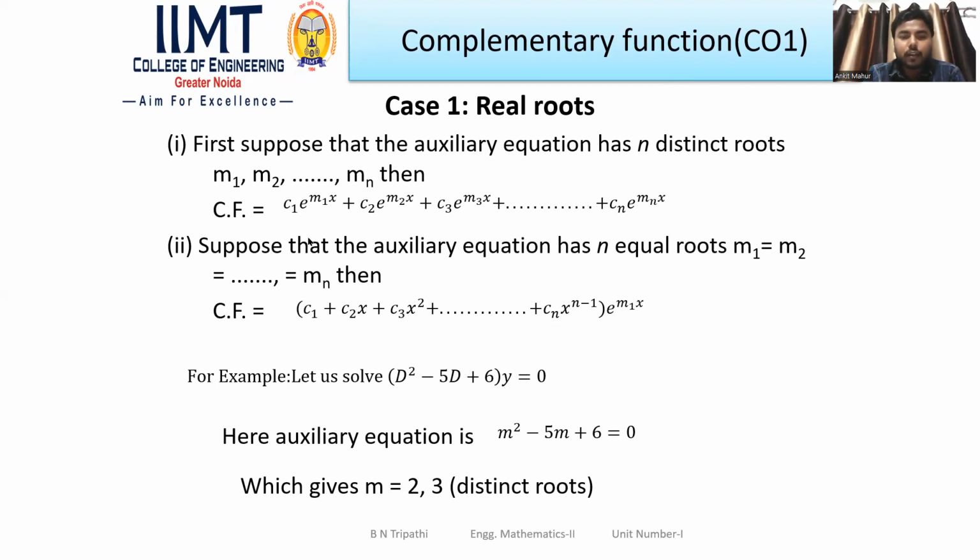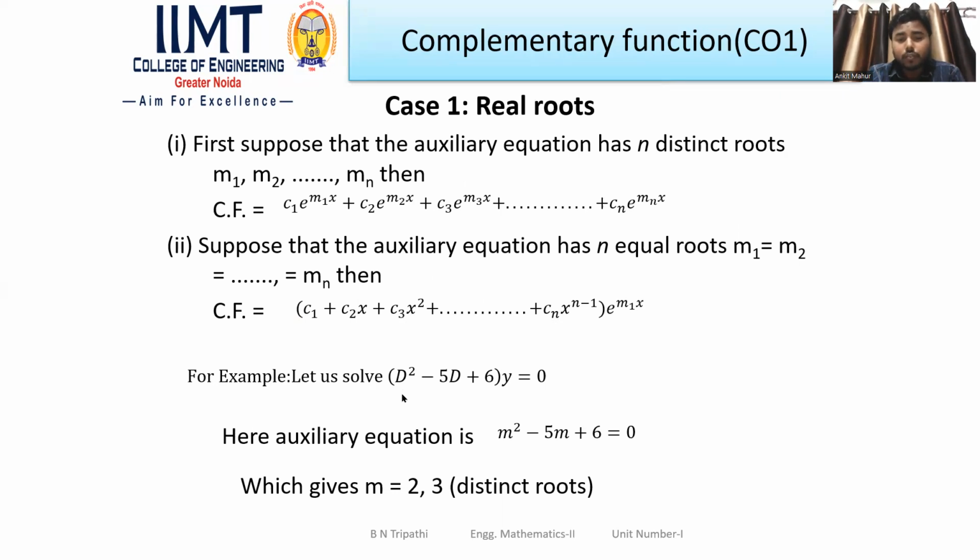And suppose that the auxiliary equation has n equal roots, let m1 = m2 = ... = mn. Then CF is (C1 + C2 x + C3 x^2 + ... + Cn x^(n-1)) e^(m1 x).